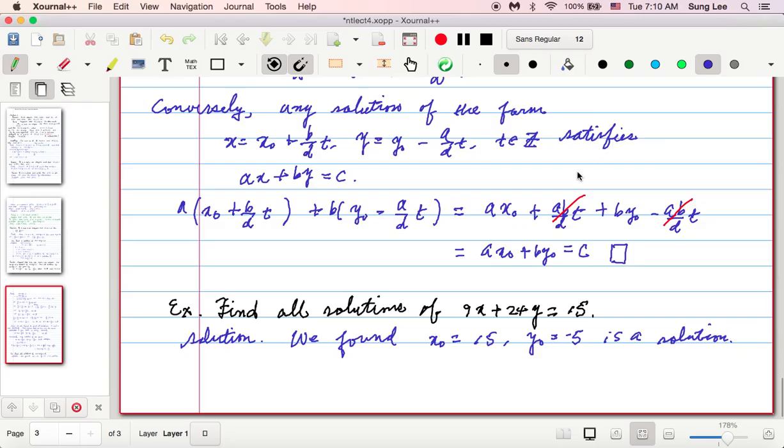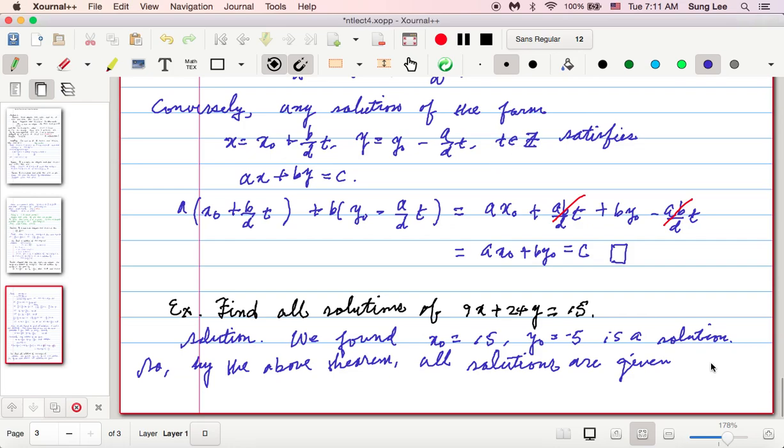Okay. So by the above theorem, all solutions are given by x equals x naught, 15, plus b over d.